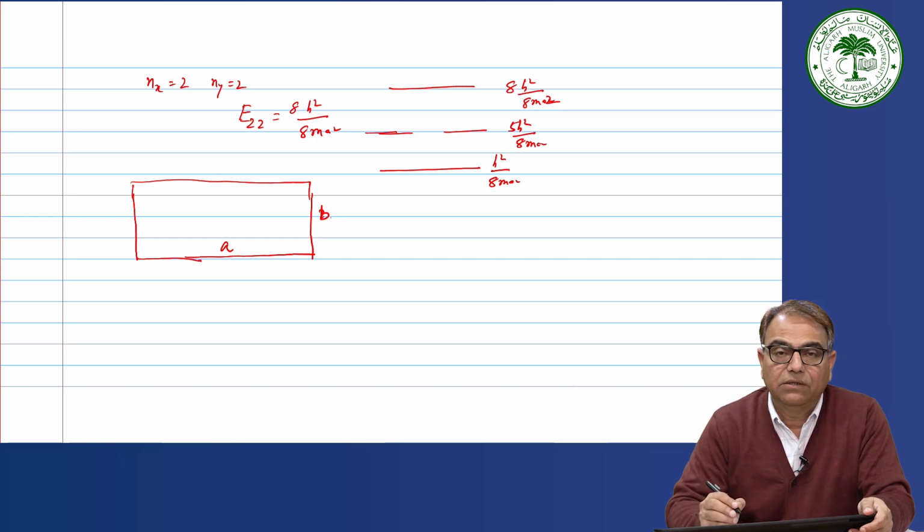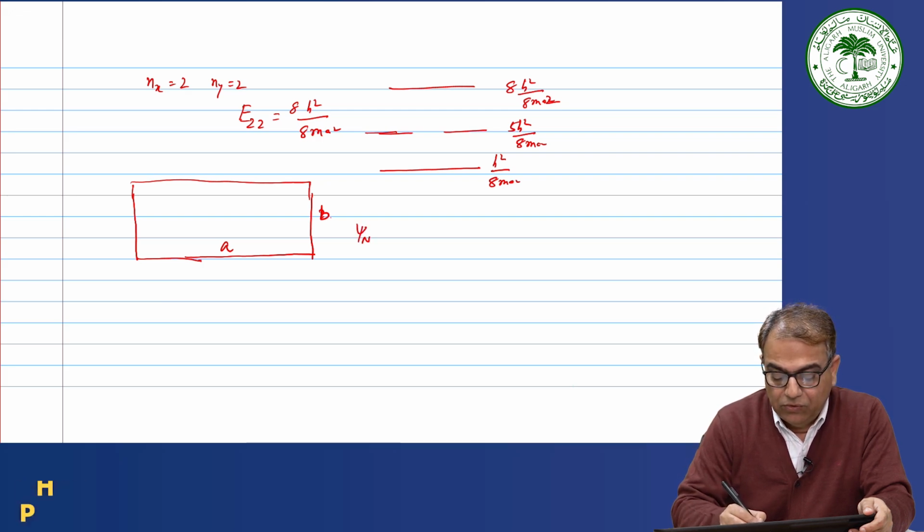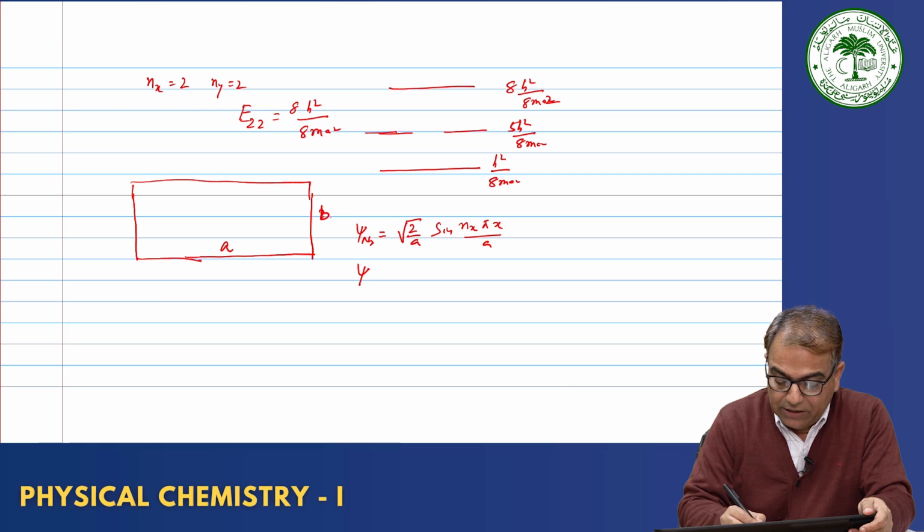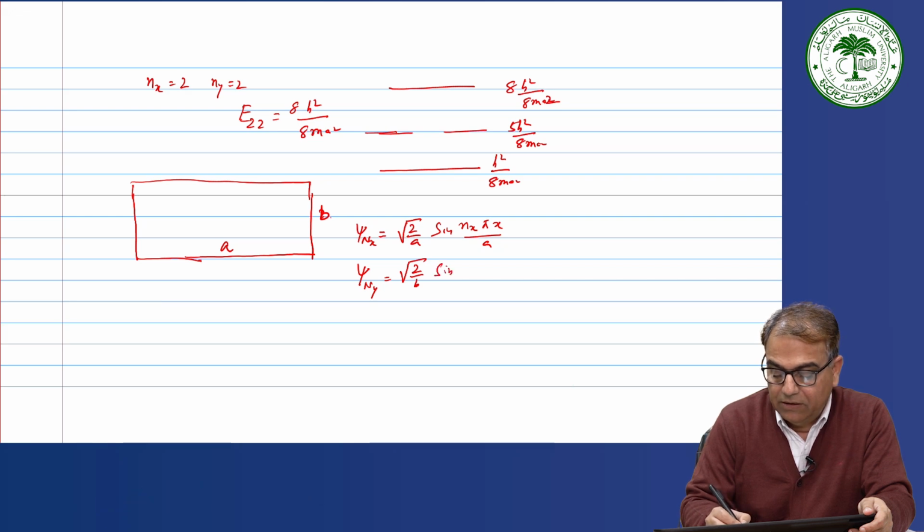Now, how will you write the Schrodinger wave equation solution for this particular model system? The solution, psi n, will be written exactly the same way: root 2 by a sine nx pi x divided by a, and another factor, root 2 by b sine ny pi y divided by b.